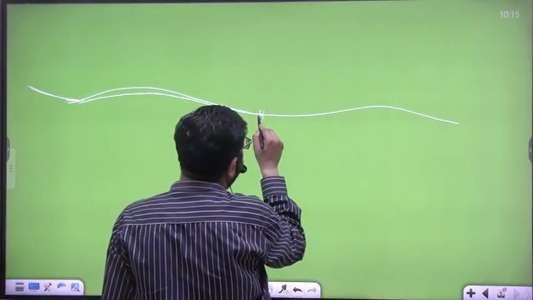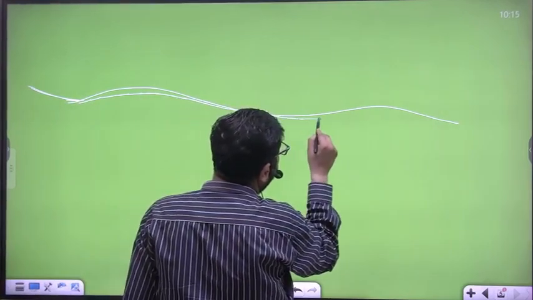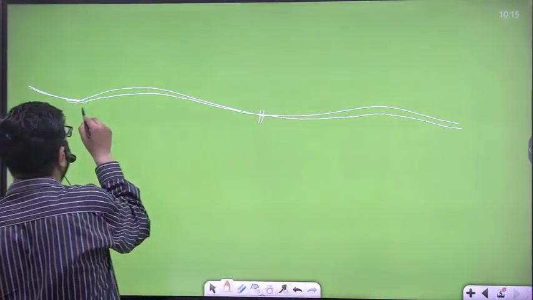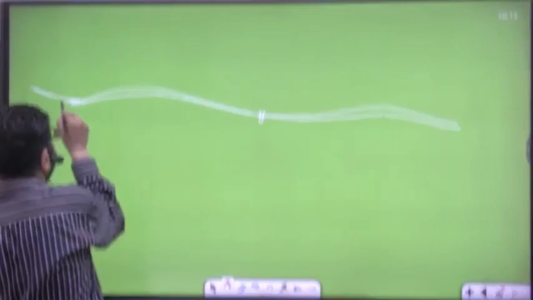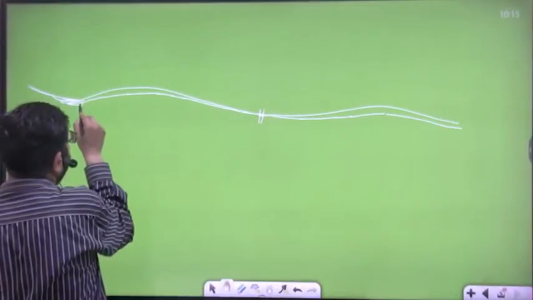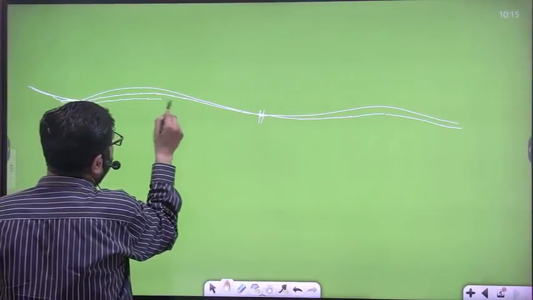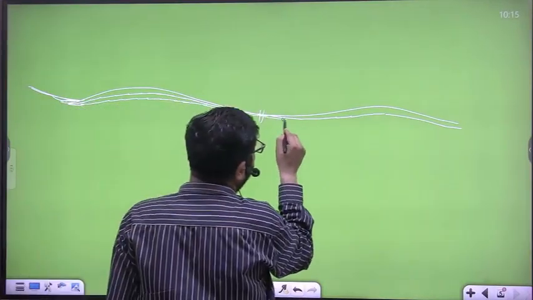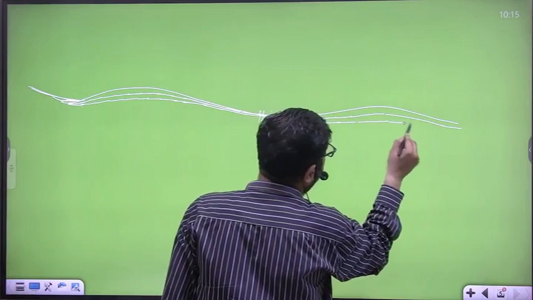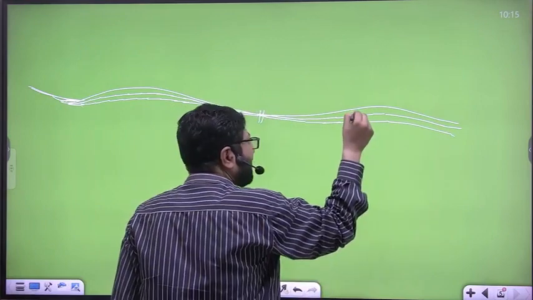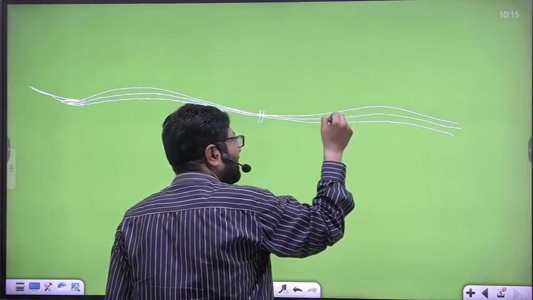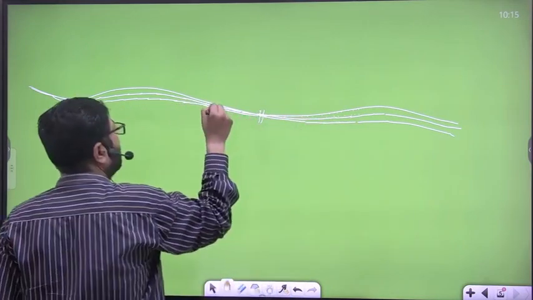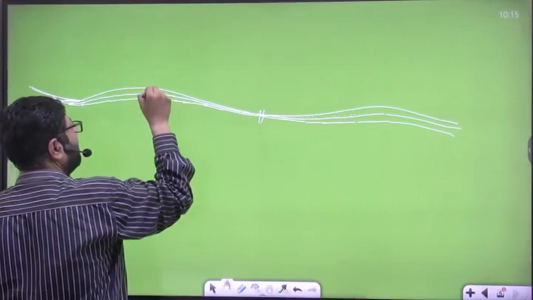Sediment on either side of valley side is getting weathered.